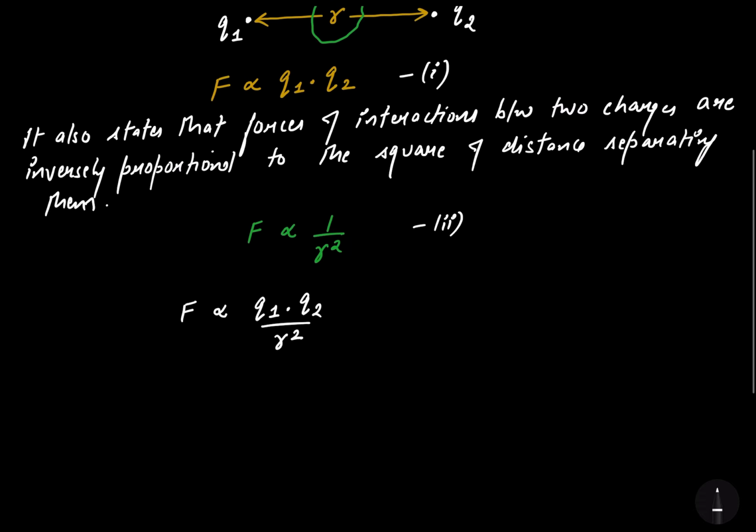Now I am removing the proportionality and putting in my proportionality constant K: K Q1 Q2 divided by small r square.